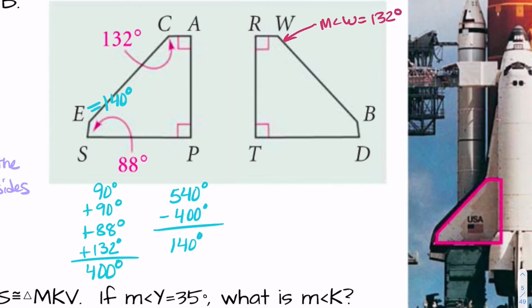Then the measure of angle D down here is 88 degrees because it matches up with angle S. And then angle B is our last one, which we just found. So measure of angle B equals 140 degrees.